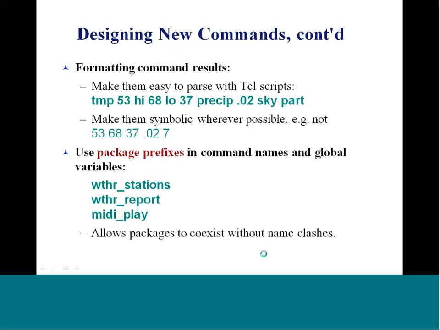Now, how do we format the command results? A couple of suggestions: make them easy to parse with Tcl scripts. Here, for example: temp 53 high, 68 low, 37 precip, 0.02 sky part.